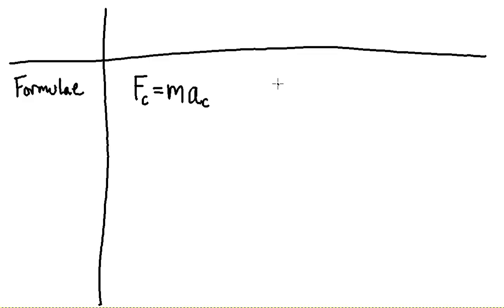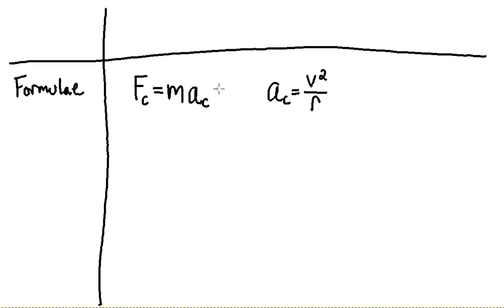You're going to have the formula for centripetal acceleration. That's equal to the square of the tangential velocity, but we're going to treat all of our objects as moving in circular orbits, so the tangential and orbital velocity will be the same. So the square of that velocity divided by the radius gives you centripetal acceleration.